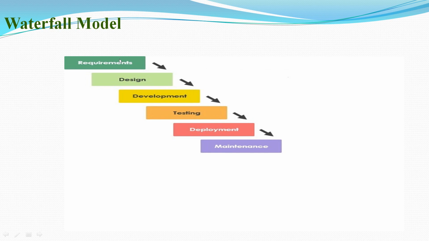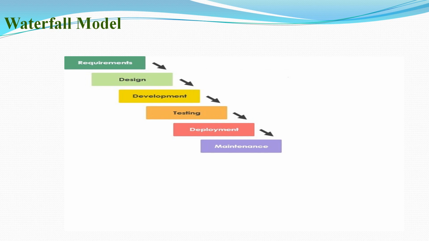See, irrespective of the model and irrespective of the stages, all the documents must be frozen. What do you mean by the freezing of the document? That means, for example, if the BRS document is frozen, no further modifications are allowed for the BRS document. That is the freezing concept.